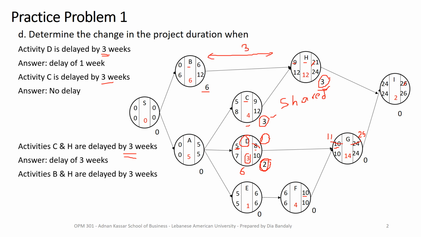So activity B, the 6 here, has a shared slack of 3 with H, and it has 3 on its own. So if both activities B and H are delayed by 3 weeks, I can say that B has used its own slack time, which means what's remaining from the shared is all of it, which is 3. Now I can allow H to use all that shared slack time. So here we go. And there will be no delay in the project duration.